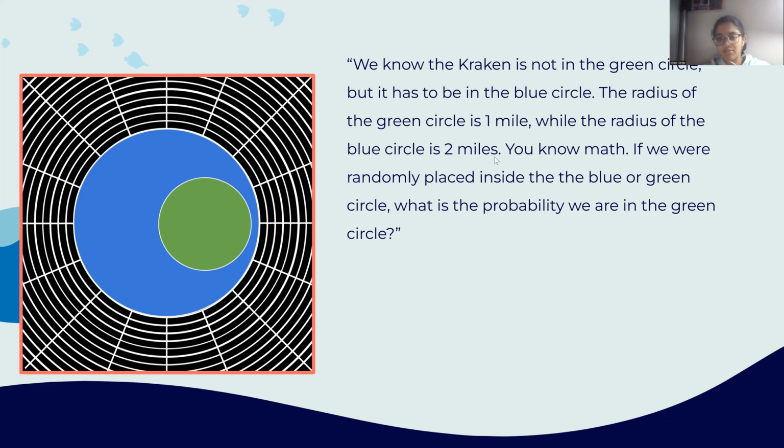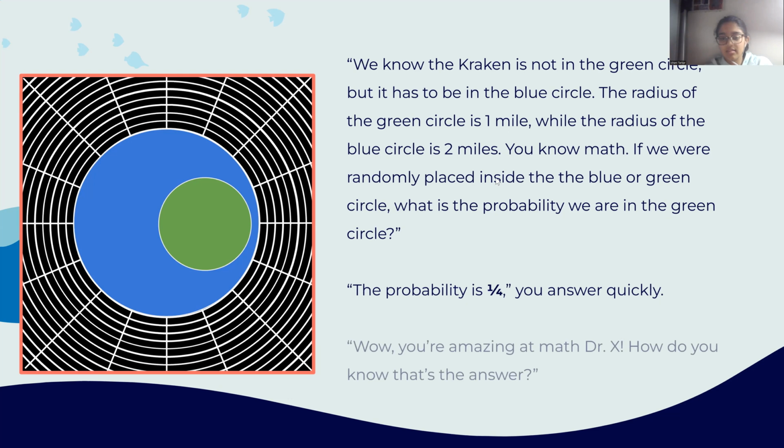One of them is pi over 4 and the other is 1 over 4. The white and black lines don't matter. That's just a random background for the thing. Yeah, it's irrelevant. So the probability would be 1/4 is what you answer.